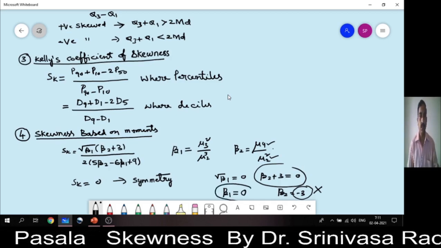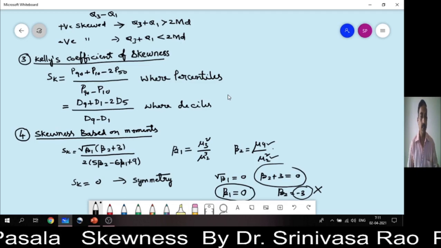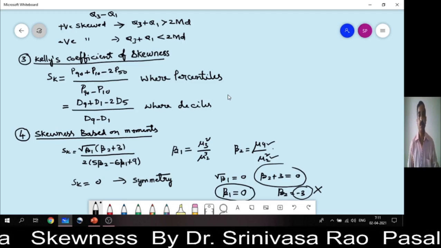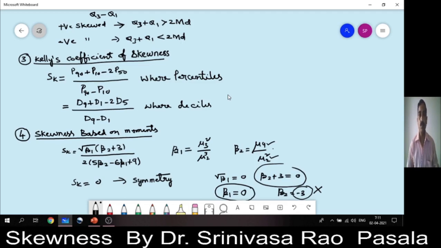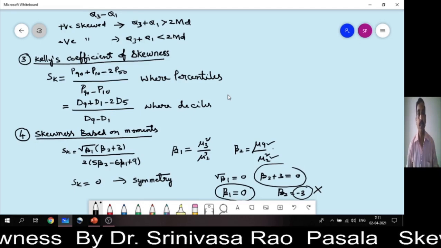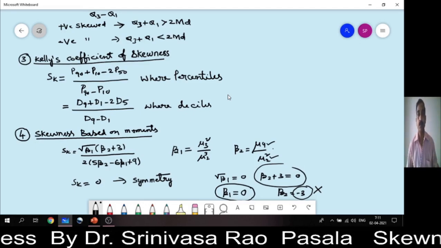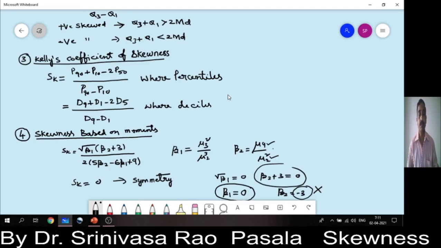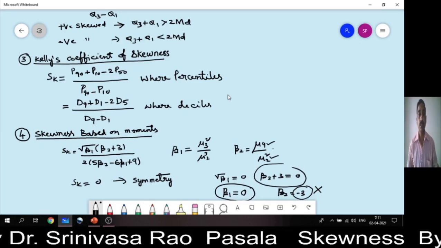Right? But this measure is called an absolute measure of skewness. So, in a practical situation, in reality, we may not be able to decide whether the given distribution is skewed based on the beta coefficient, especially beta 1.